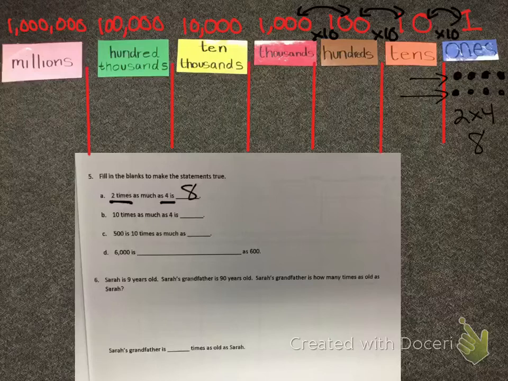However, the next problem, 10 times as much as 4, is going to be a little different. So let's do that. We have 10 times as much as 4. So we have 4 ones here still. Let me erase that. Perfect. We have 4 ones here.